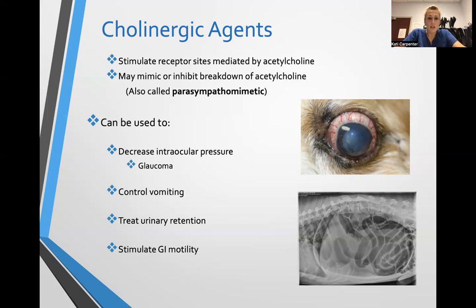Cholinergic agents are great for treating or decreasing ocular pressure, because remember, when you're stimulating parasympathetic, you're reducing blood pressure and heart rate. So pressure of the eye. There are eye drops that are cholinergic agents that can reduce the pressure from glaucoma. They're also used for controlling vomiting, treating urinary retention, or even stimulating GI motility. Giving something that increases parasympathetic, a cholinergic agent, is going to make that focus about rest and digest.